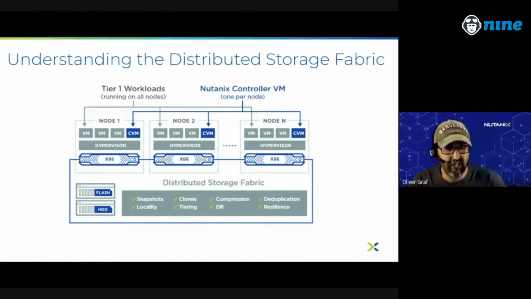So this really eliminates the need for SAN and NAS solutions, as I showed with the three-tier legacy architecture, as it is covered in this distributed storage fabric.